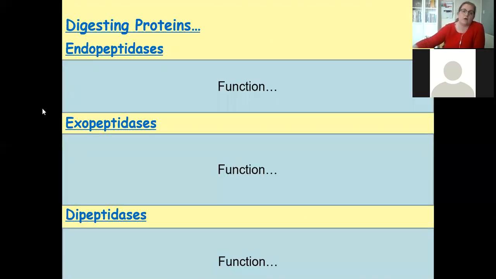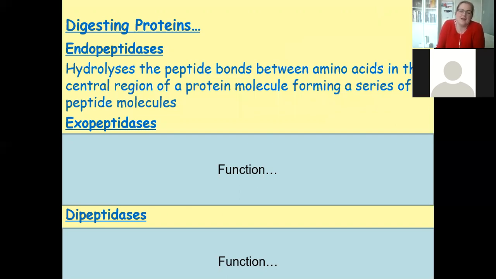So I'm going to have a look at what endopeptidases, exopeptidases, and dipeptidases are. So these again end in ASE, so they're more examples of different enzymes. Endopeptidases hydrolyze, again using water to break down chemical bonds, the peptide bonds between amino acids.